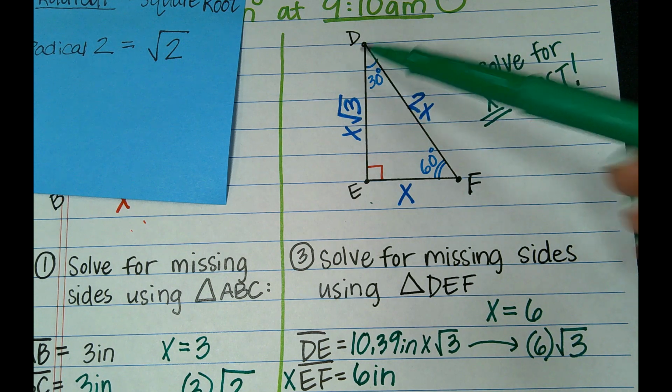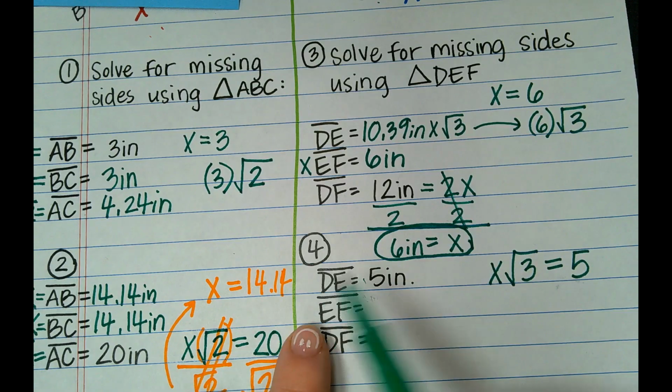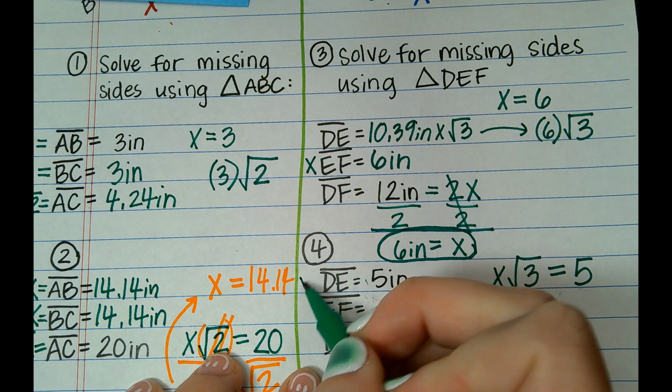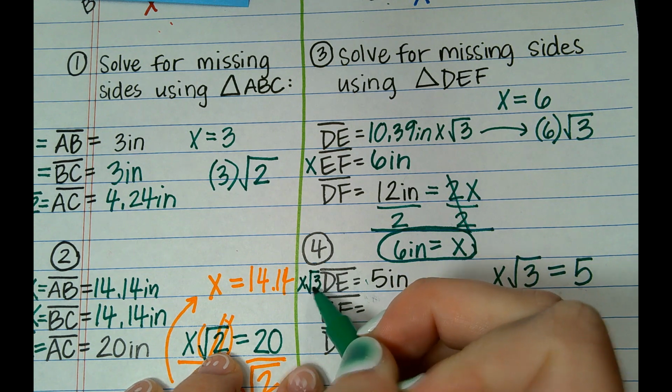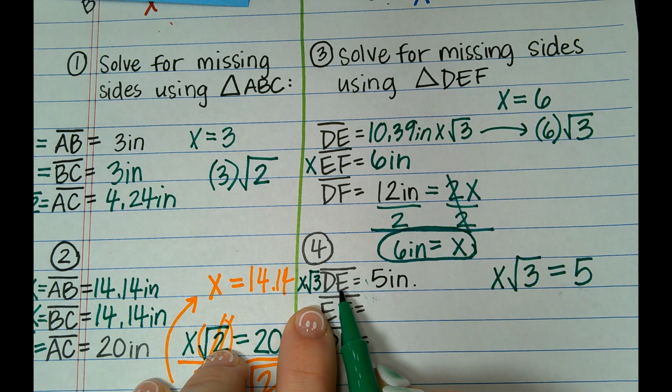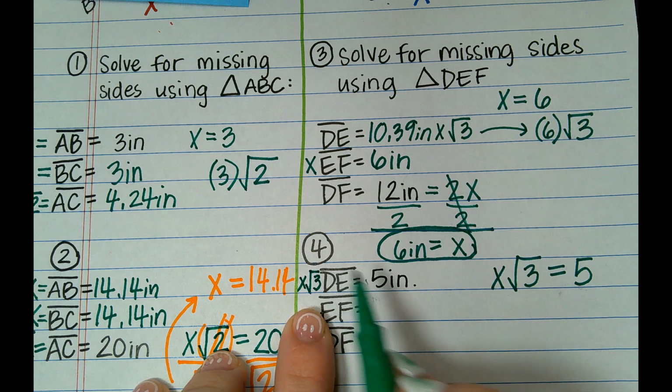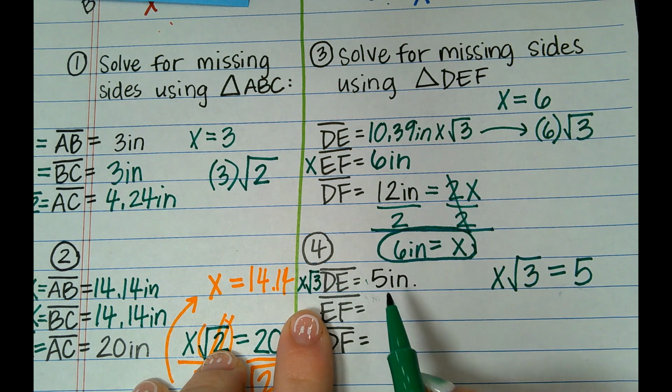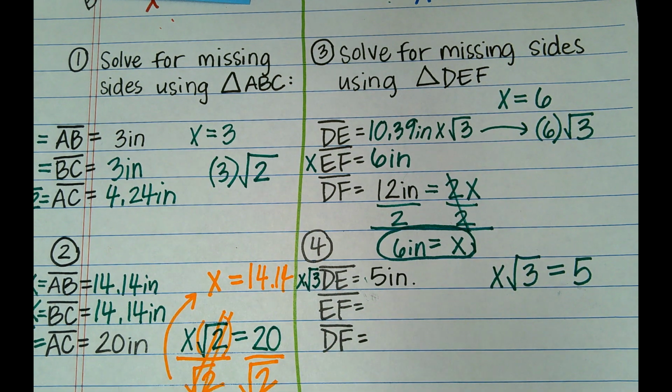So if DE is x radical 3, and DE is 5, then x radical 3 is 5.